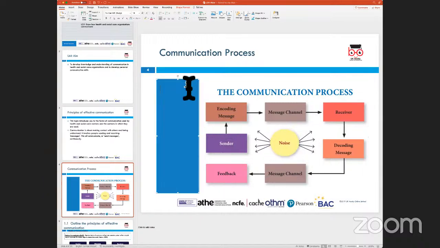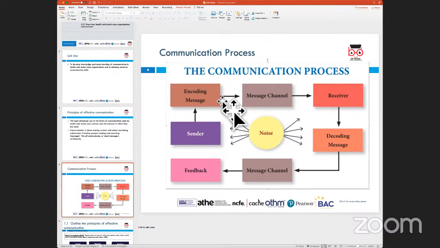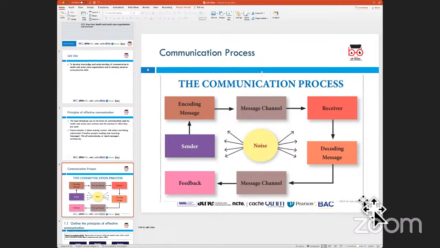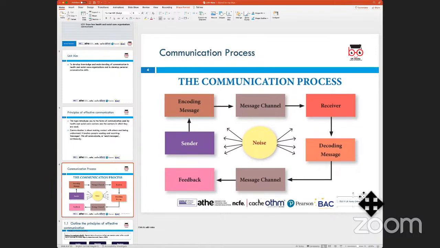Noise in the middle is a process wherein sometimes when you send something across, it doesn't reach the intended recipient on time, or doesn't give you the intended outcome. For example, the email ends up in your junk or spam folder. That would be considered noise, because what you've tried to do has gone in but has not been delivered to the right channel.